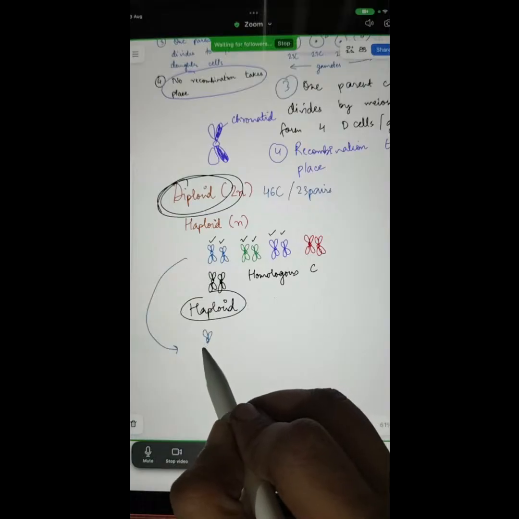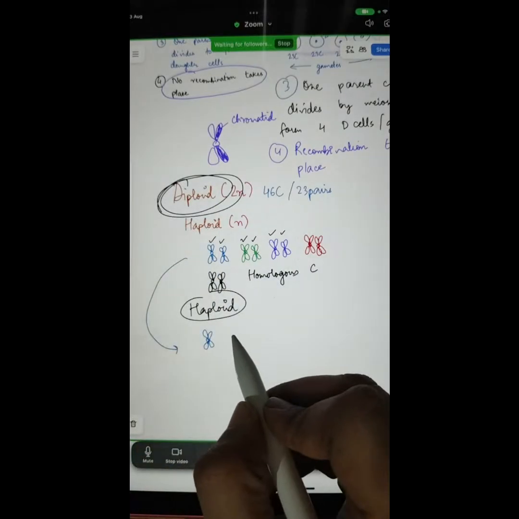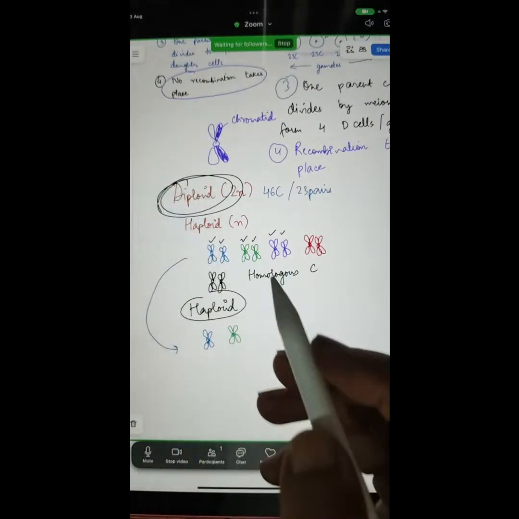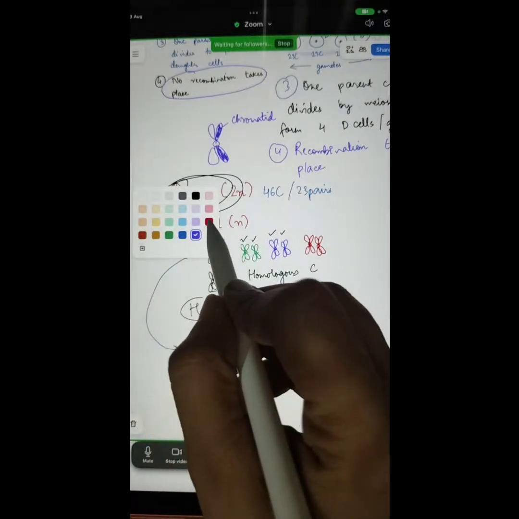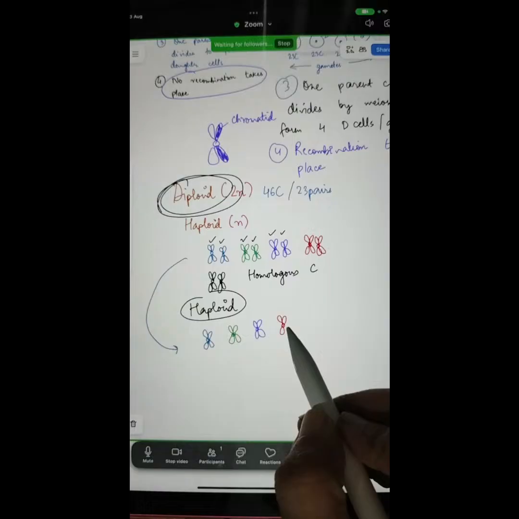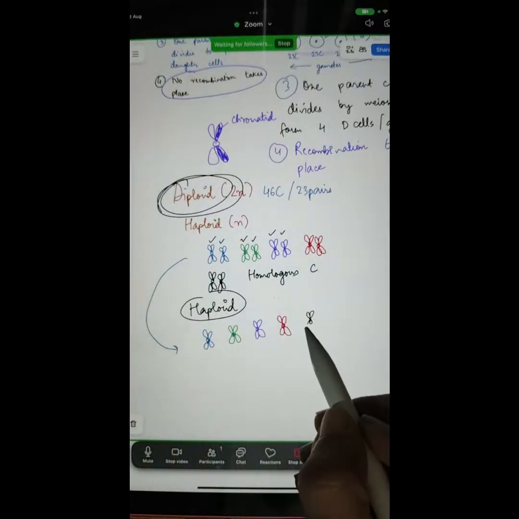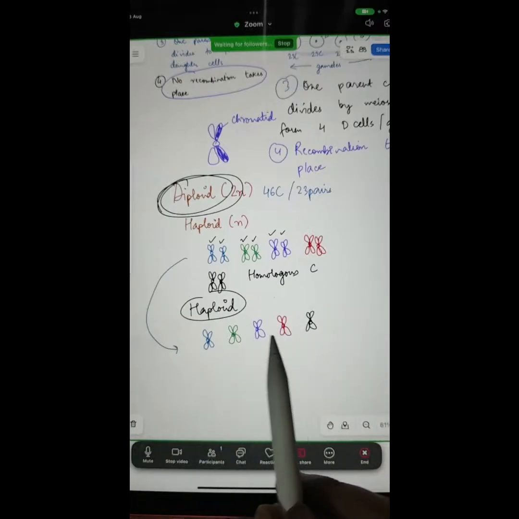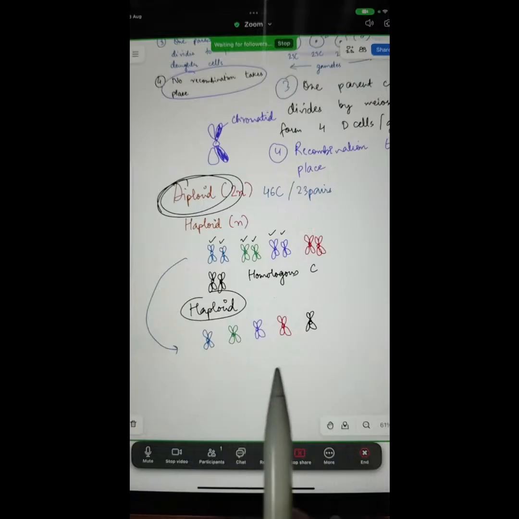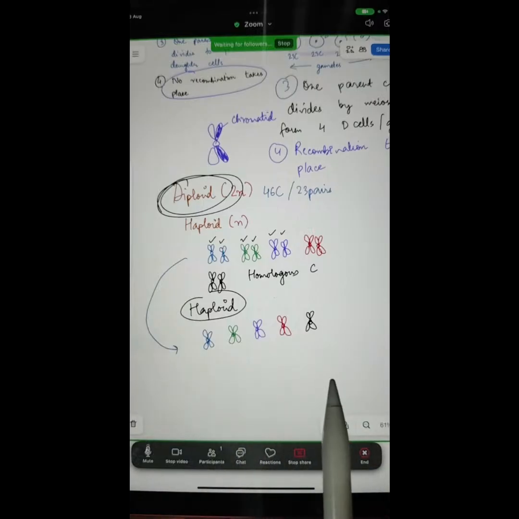If we have only one chromosome as blue, one as green, one as purple, one as red, and one as black, see, the chromosomes are not in pairs. One type of chromosome is only present once. This condition is known as haploid.